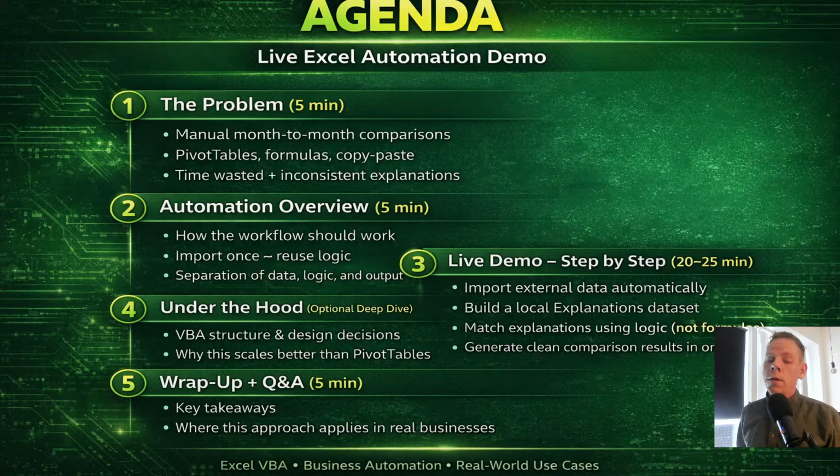The way to do that is you can use SQL to get the data into your workbook and VBA to automate the workflow. You could also use Python, but for this build I used VBA. So you can have an automation overview where you break down your workflow: what is it actually supposed to be doing, or at least where you're getting your data from?